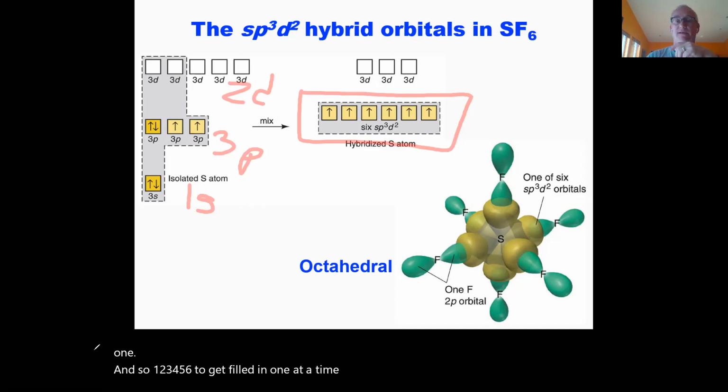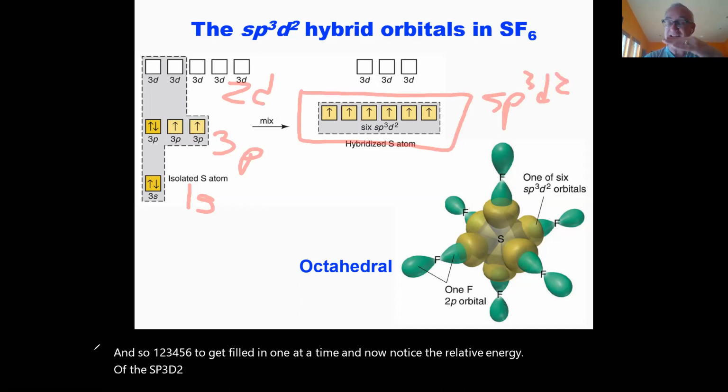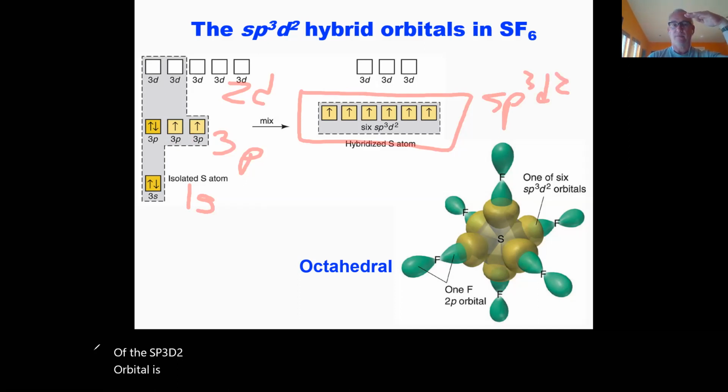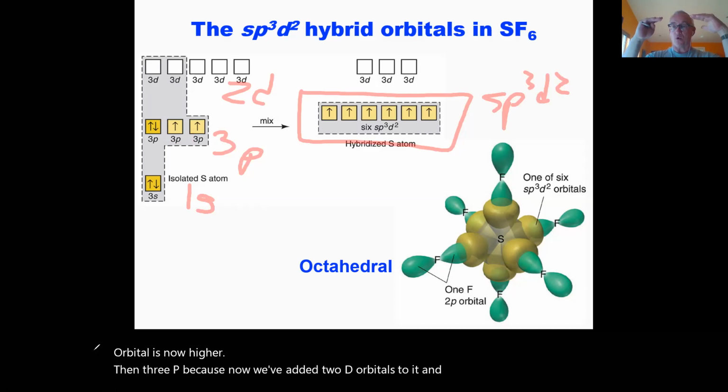And now notice the relative energy of the sp3d2 orbital is now higher than 3p, because now we've added 2 d orbitals to it and increased the energy even more.